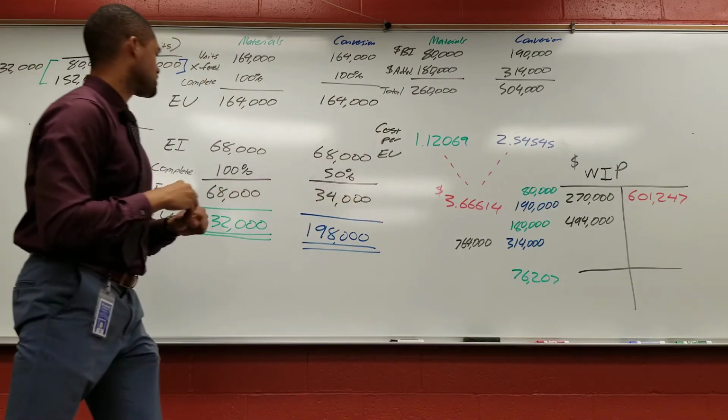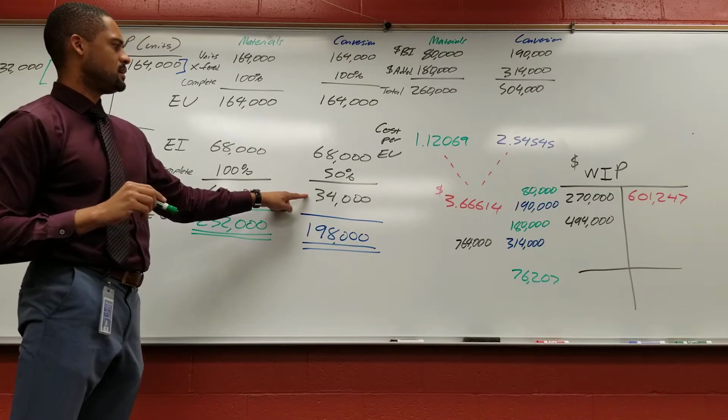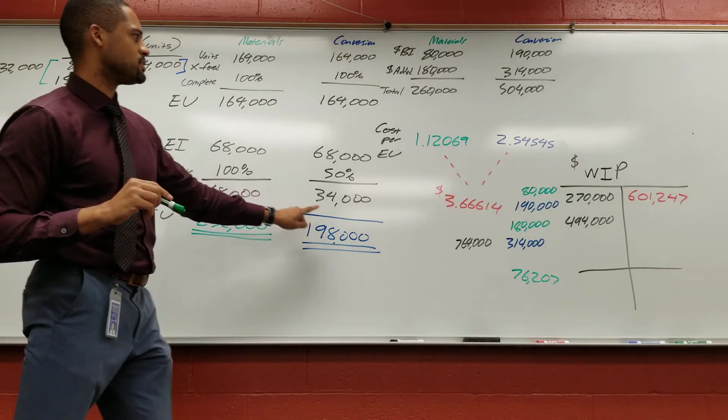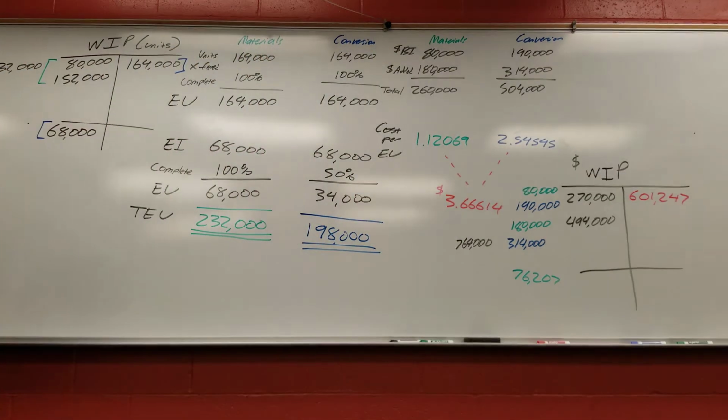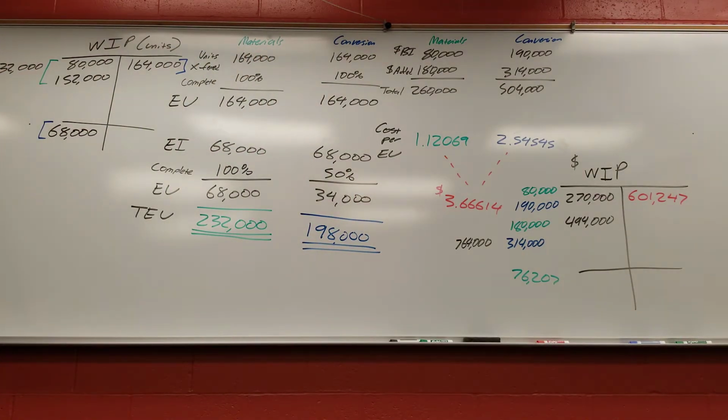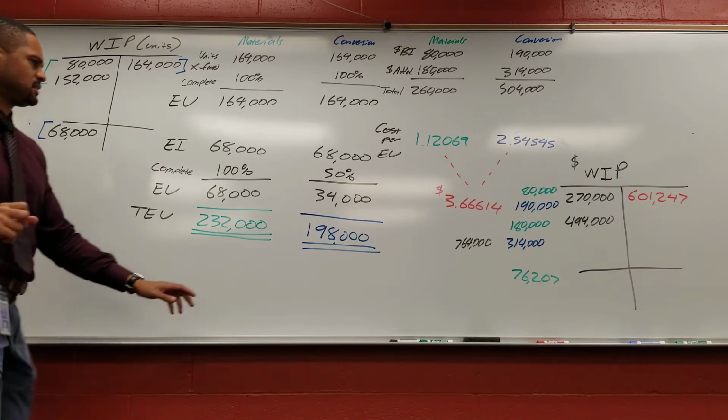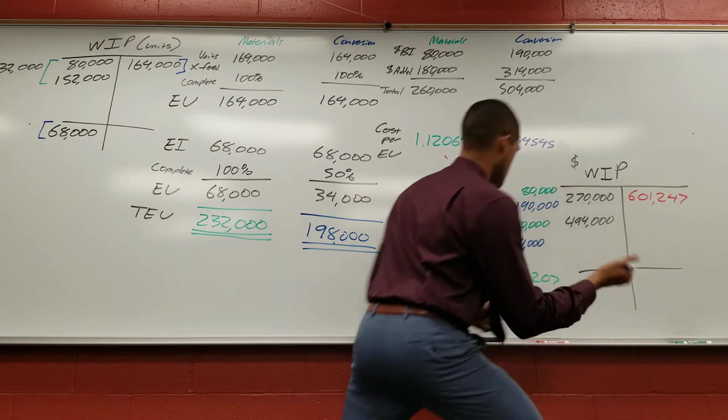And for conversion, we have 34,000, and the cost per equivalent unit for conversion is 2.54545. 2.54545 times 34,000, I'm getting 86,545.